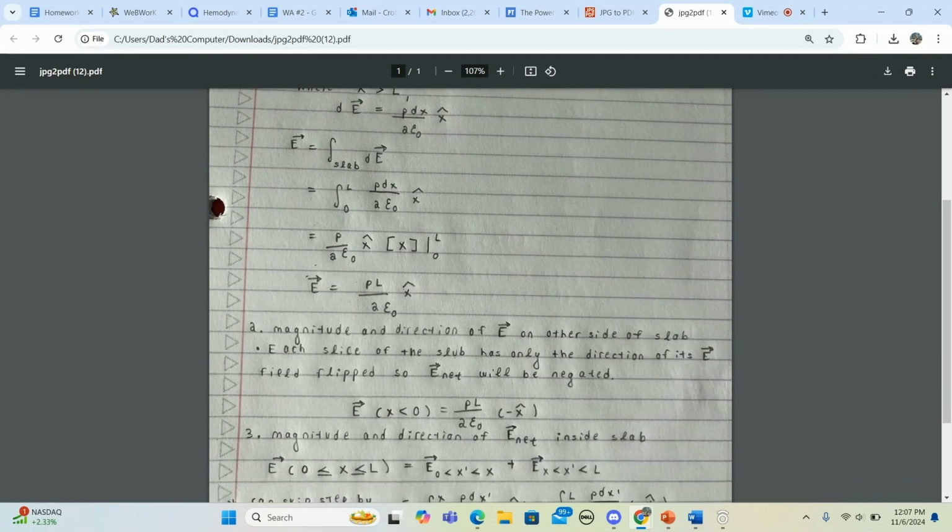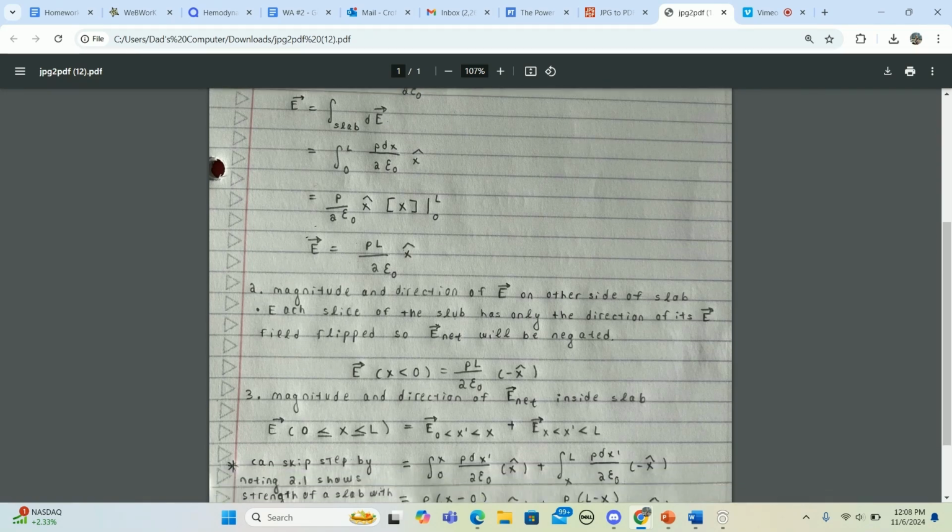After integrating and inserting L for x, we find that the net electric field is ρL over 2 epsilon naught, still in the positive x hat direction.